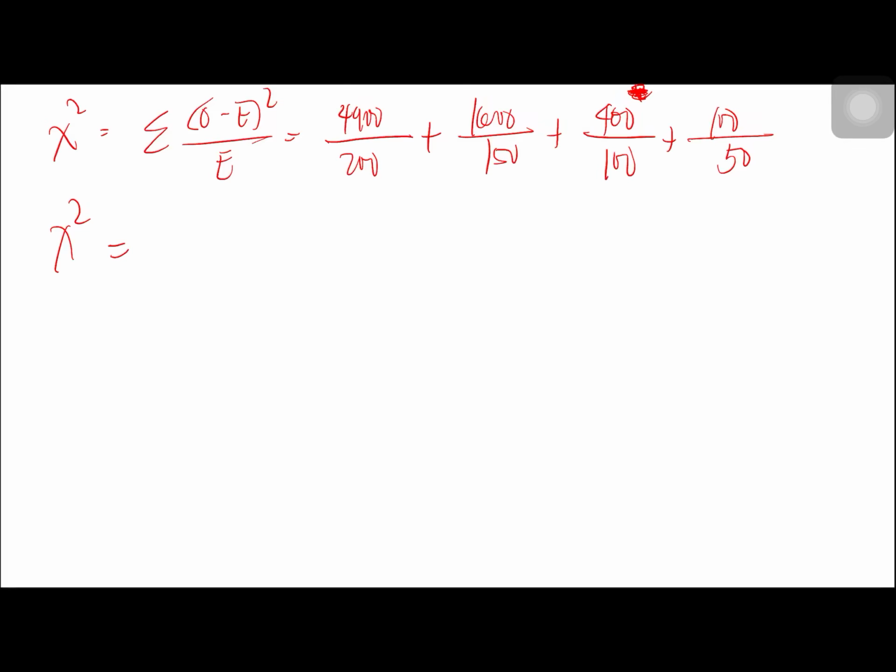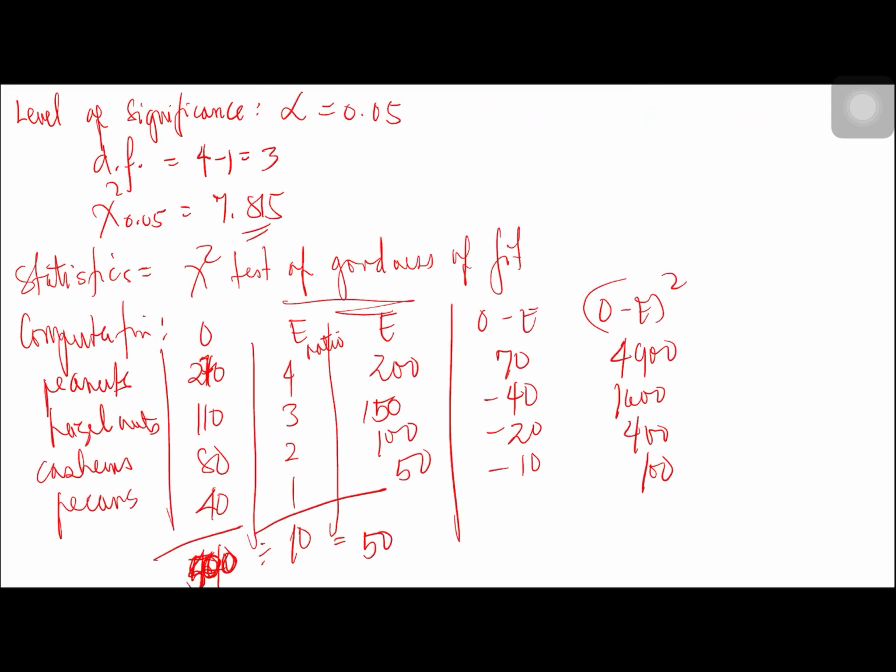So for our chi-square, we have there 4,900 over 200 plus 1,600 over 150 plus 400 over 100 plus 100 over 50. So that is equal to 41.17. Okay? Again, let us check.